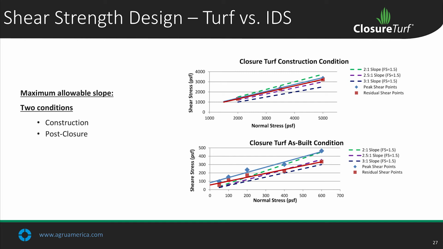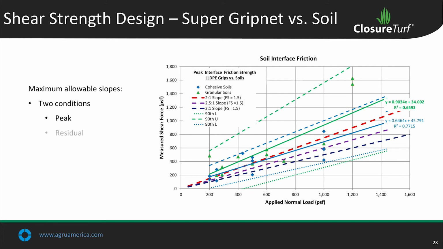You can see equipment loads up to 5,000 PSF up here would be stable on anything below a 2.5-to-1 slope, and maybe not so much on a 2-to-1 slope. So that's where you would have to control equipment access. Post-closure conditions, well, we got some lower normal stresses down here representing, let's call it, just people walking across the surface for site maintenance or landfill gas well readings and inspection.